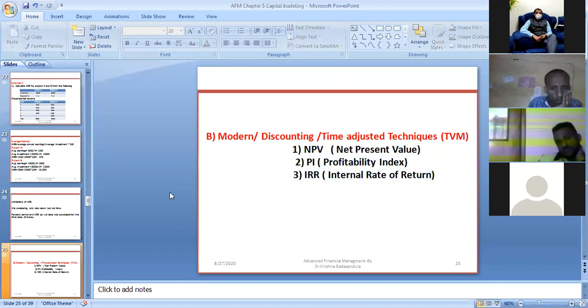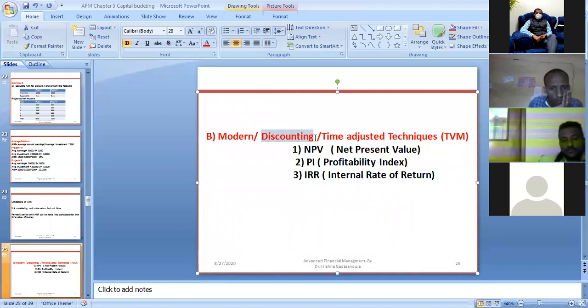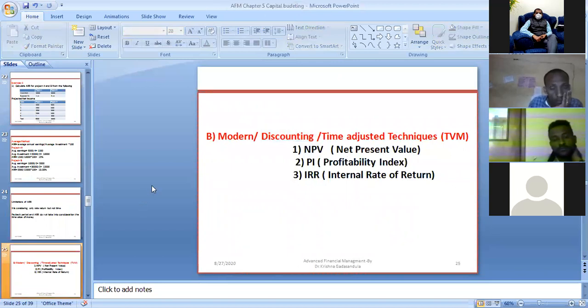This is a modern technique, and we are considering discounting also. You are expecting future returns, and future returns must have some present value. We have to discount the future returns because of uncertainty and inflation.